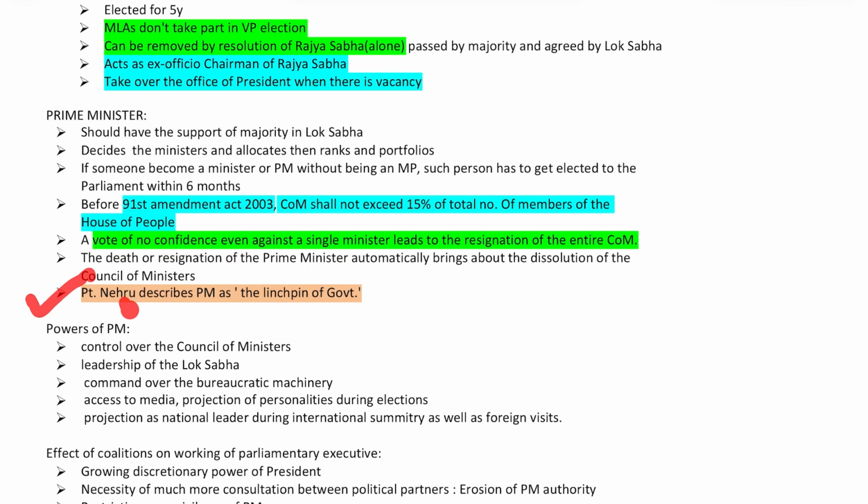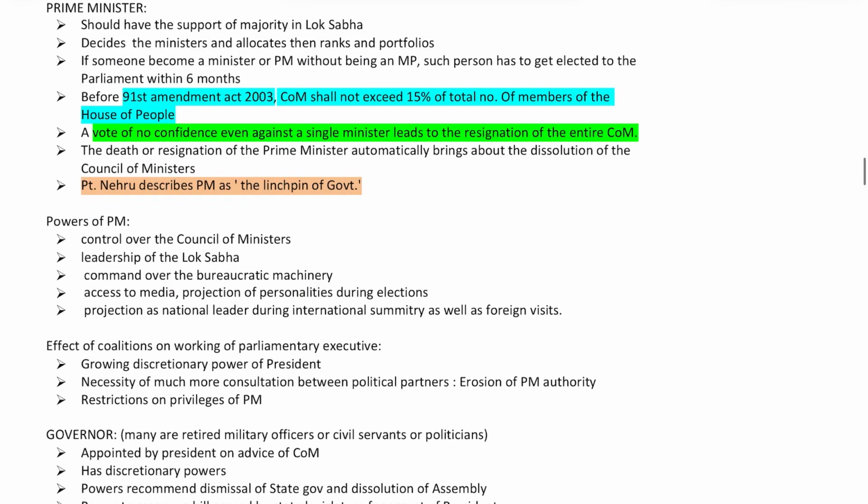Pandit Nehru describes the Prime Minister as the linchpin of the government, the one who forms a link between the executive part as well as the legislative part of the government. Then the powers of the Prime Minister: he controls the Council of Ministers and the leadership of the Lok Sabha.